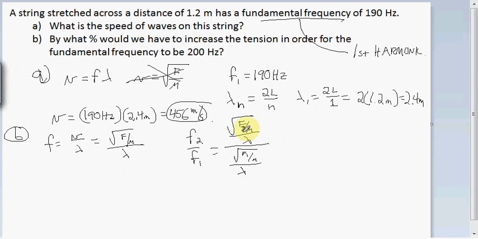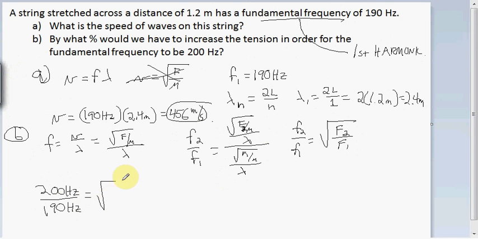F2 here because I'm going to be changing the tension. A bunch of this stuff is going to cancel. The lambdas cancel out, and the square root of mu up here and down here cancels out. This leaves me with f2 over f1 equal to the square root of tension 2 divided by tension 1. So this is 200 hertz divided by 190 hertz.